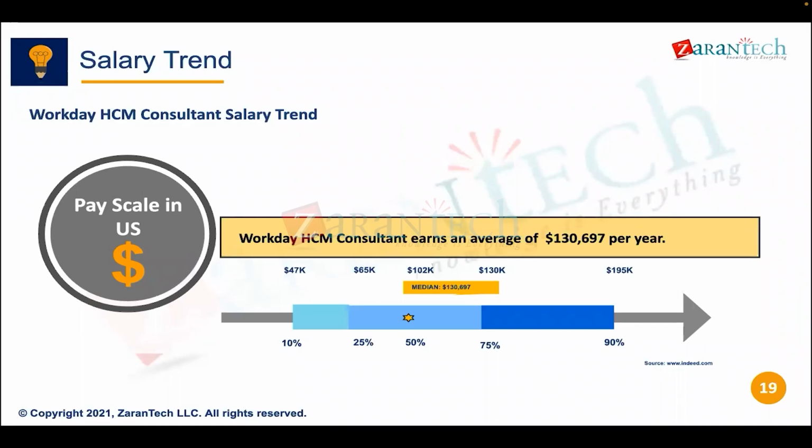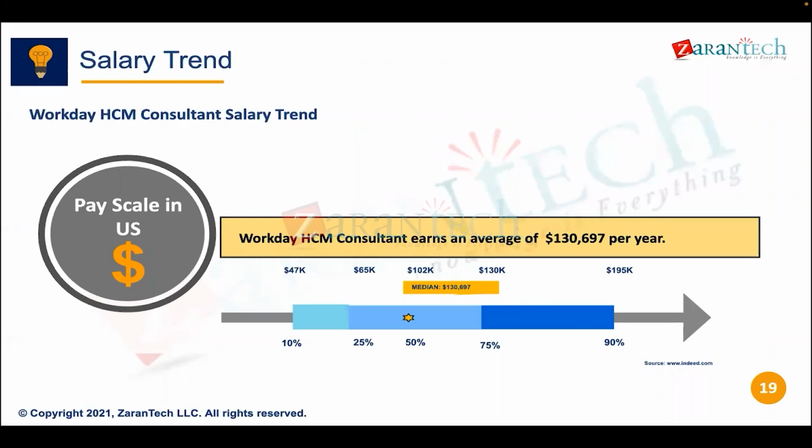But once you are a Workday consultant, you earn somewhere around that amount, and it keeps on growing. I remember one of my consultants, a medium-level consultant, earns around 90 to $100 per hour. He works in a contractual company for a big pharmaceutical client, and big money is coming in.